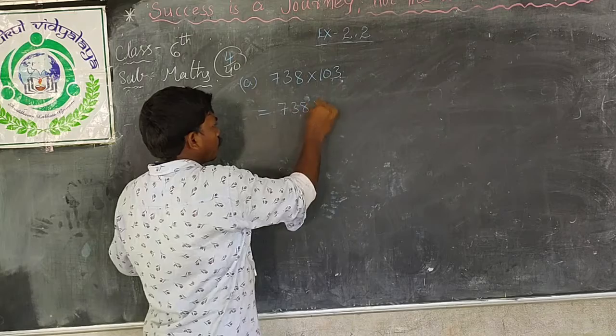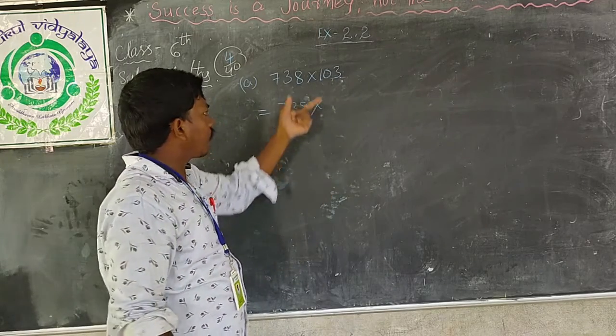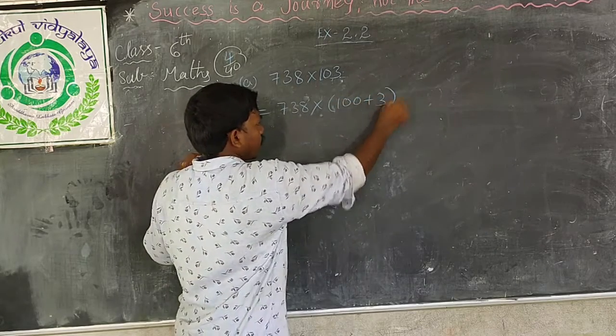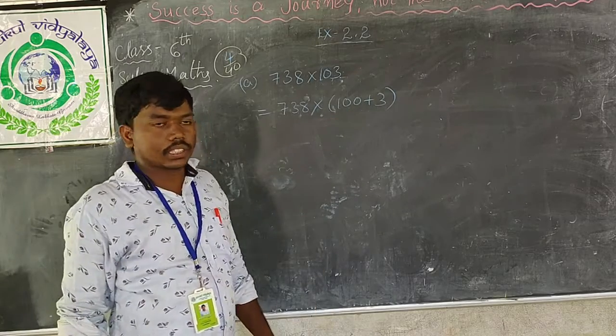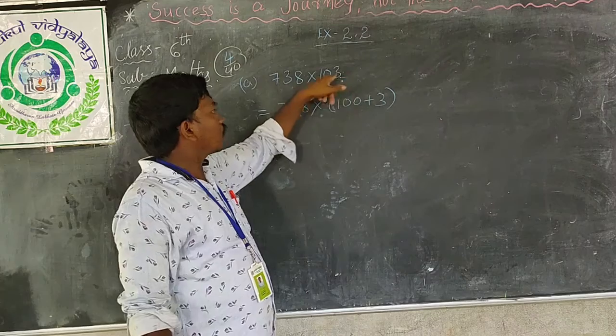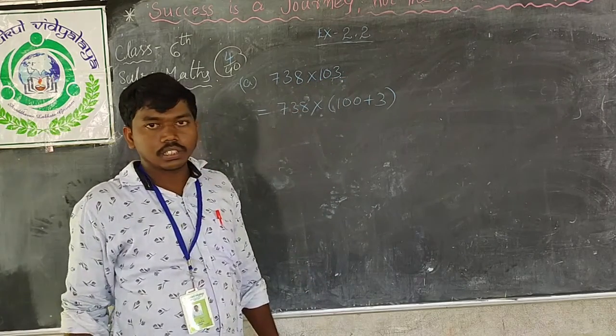By using a simple method, you can write 103 as 100 plus 3. Is it right or wrong? So this is closure property under addition: the sum of any two whole numbers is also a whole number. The above number is written like this.